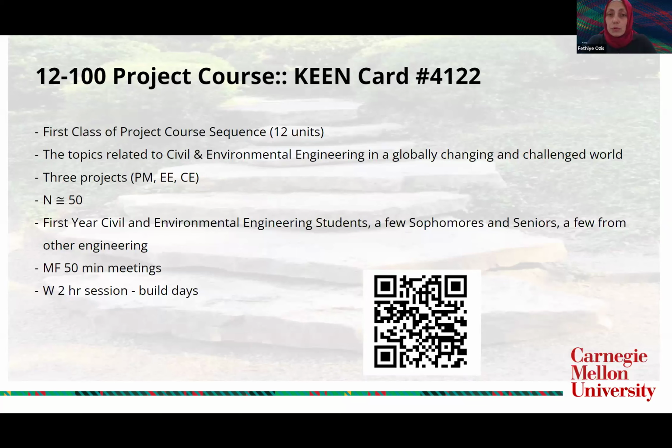You can sign up for free, and they make a lot of the cards and activities available for faculty who would like to adapt them in their courses. You're going to see every little bit of detail, every assignment associated with this module, presented in the Keen card with the number 4122. It's free to sign up, free to download, free to work with.